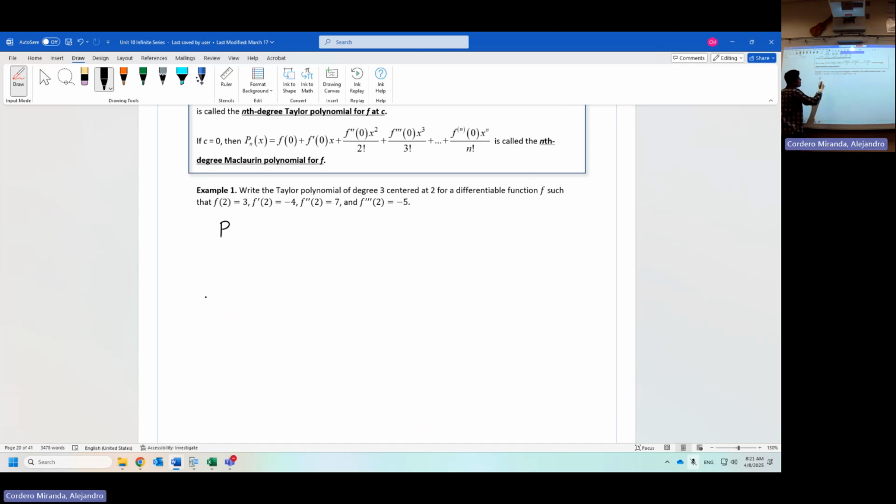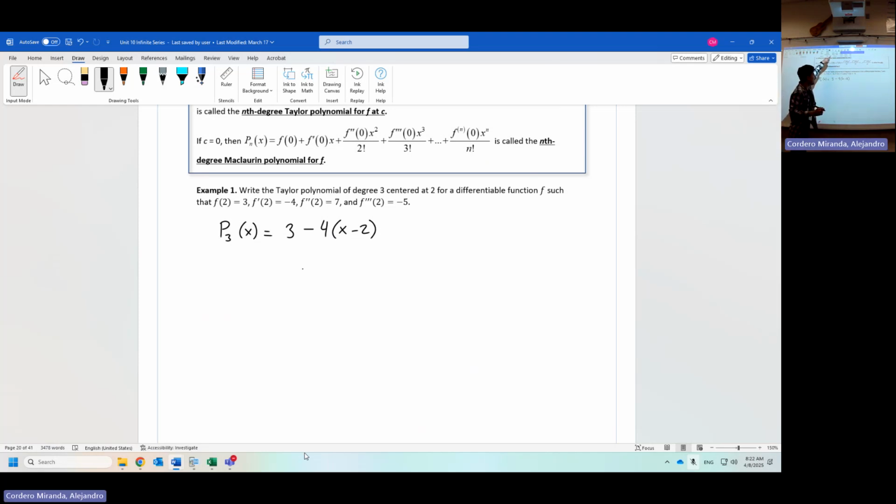They say polynomial of degree 3, so let me say P3 of x would equal, okay. And then I'm trying to match the function at 2, so I do 3 plus the negative 4. Here's me matching the derivative value at 2. And that would be times not x, but x minus 2 this time.